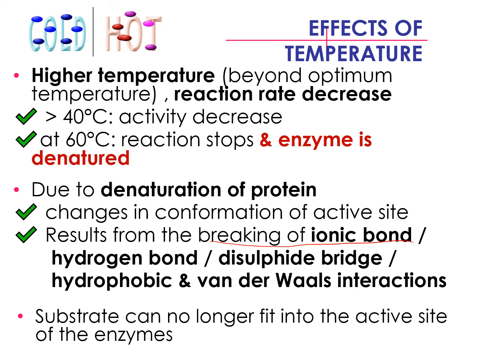So with a higher temperature, it will cause the vibration to increase, thus breaking the bonds that make up the 3D structure, the globular shape of the enzyme. So when these bonds are broken, the tertiary and the quaternary levels of the protein will be opened up.